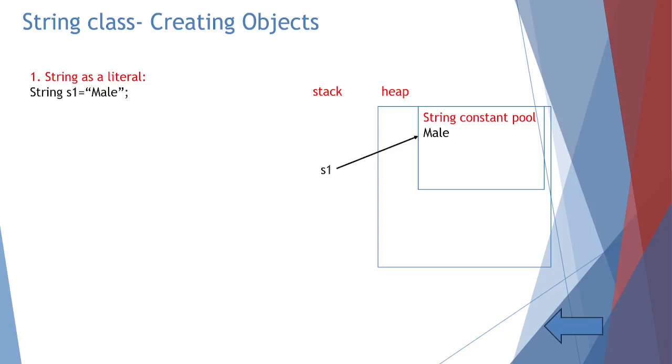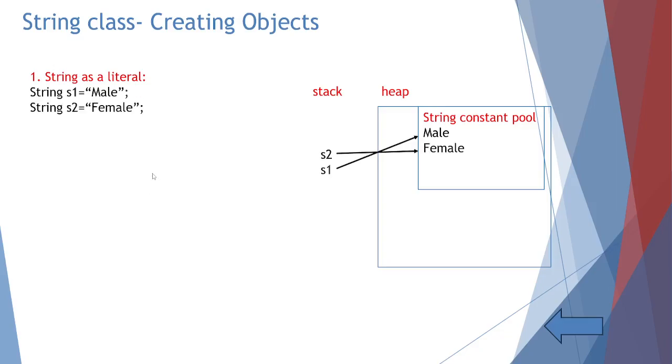So String s1 is an object, storing male. So stack has s1, that is the reference variable, whereas in the heap, that too in the string constant pool, male is created and s1 is pointing at male, that is the gender of student 1.